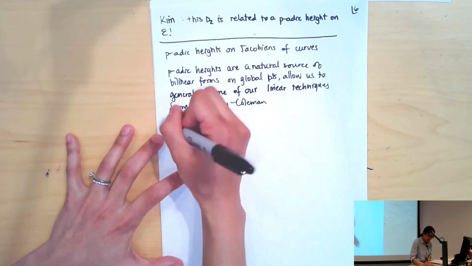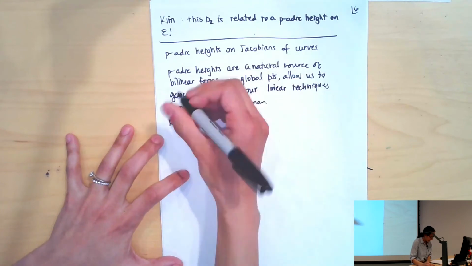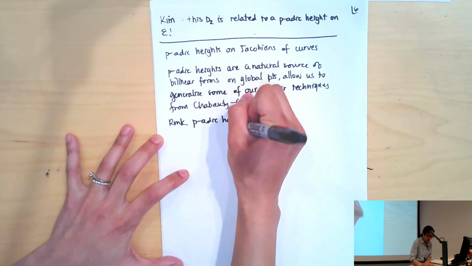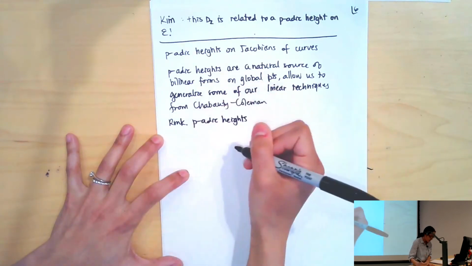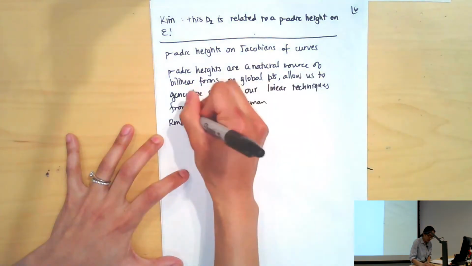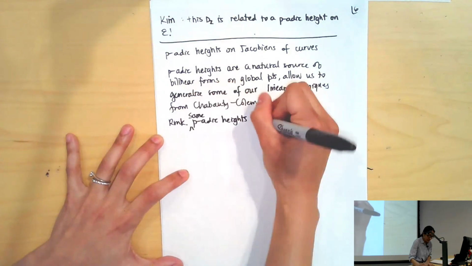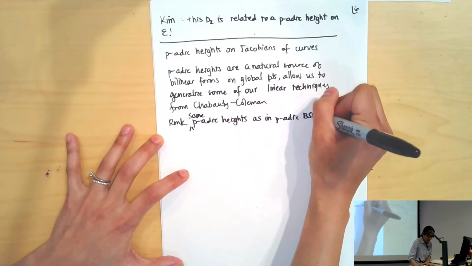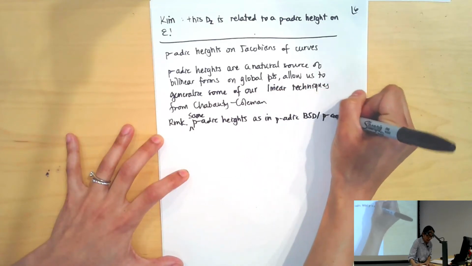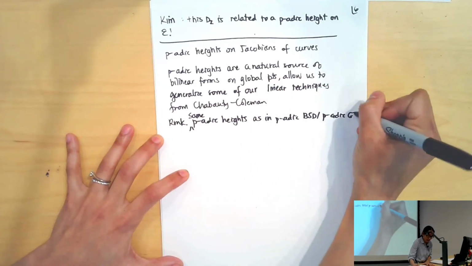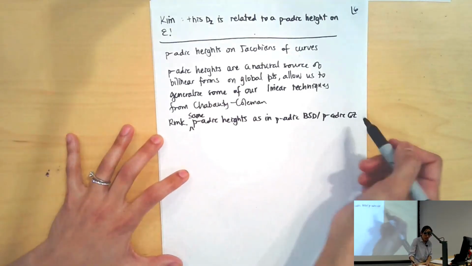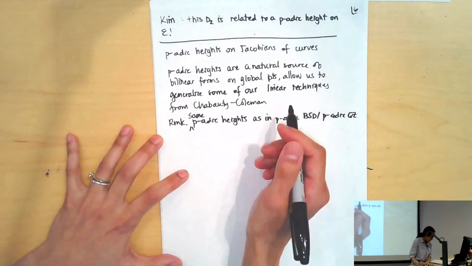I should also remark that these p-adic heights also appear in a number of places in the literature. These are the same p-adic heights as in p-adic Birch and Swinnerton-Dyer and p-adic Gross-Zagier. And one of the projects aims to investigate using some ideas there to maybe say something about quadratic Chabauty.